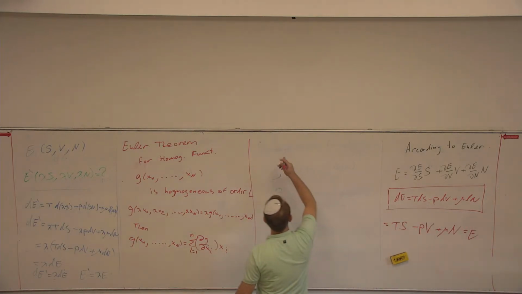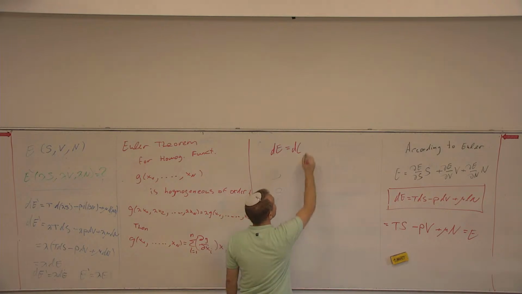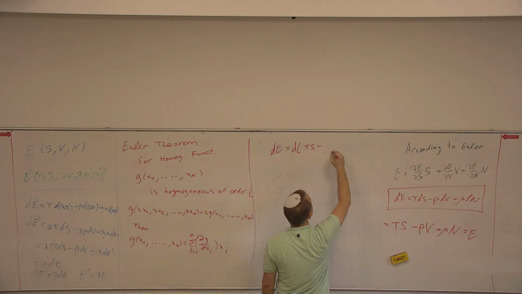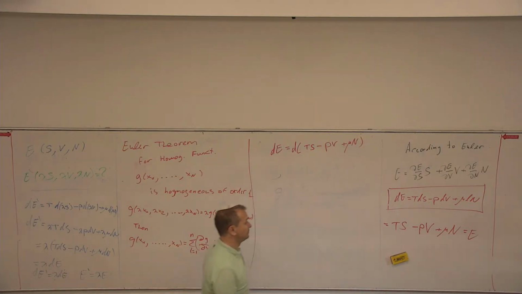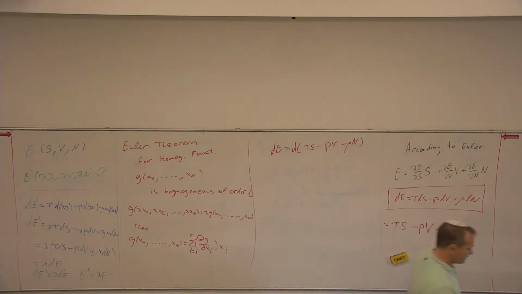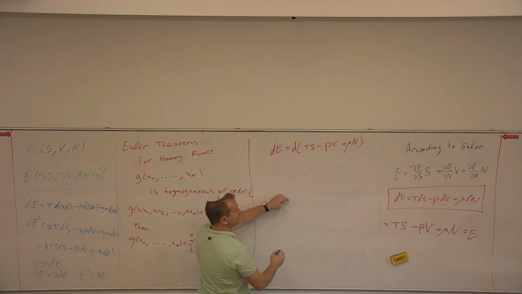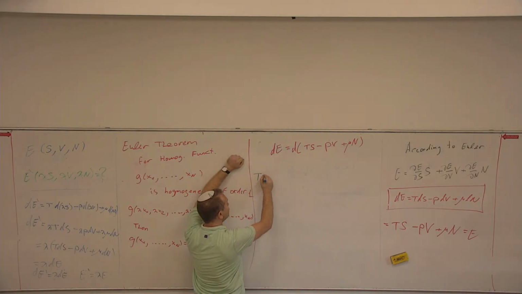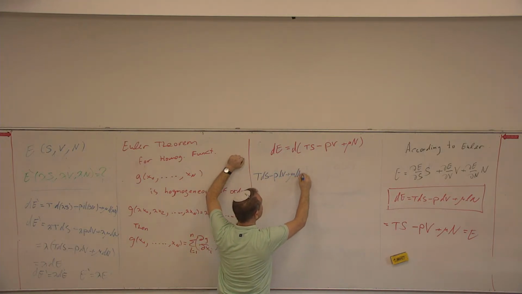If this is the expression for E, then let's write down what dE is. It is the differential of TS minus PV plus mu N. From one side, I know what dE is. On the left-hand side, it is T dS minus P dV plus mu dN.